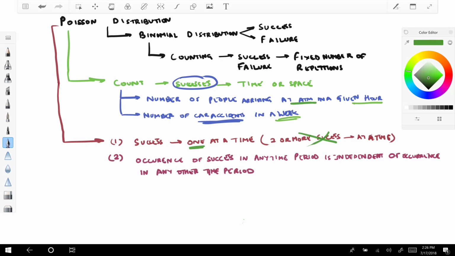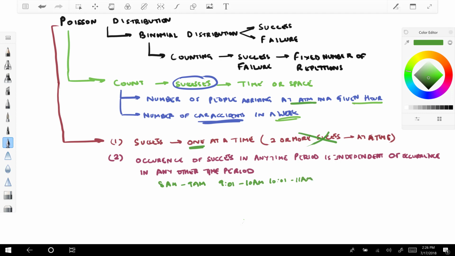If we have 8 a.m. to 9 a.m., the number of people coming during that time period is independent of the number of people coming from 9:01 to 10 a.m. And then 10:01 to 11 a.m. are independent of one another.